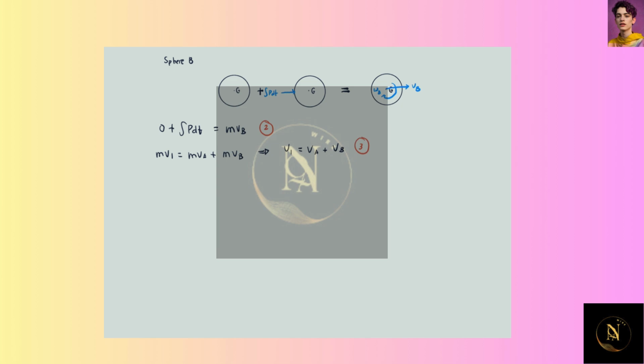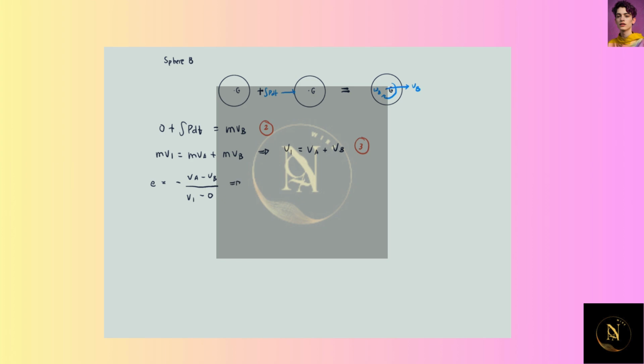Now, writing another equation from the coefficient of restitution, E is equal to negative VA minus VB over V1 minus 0.